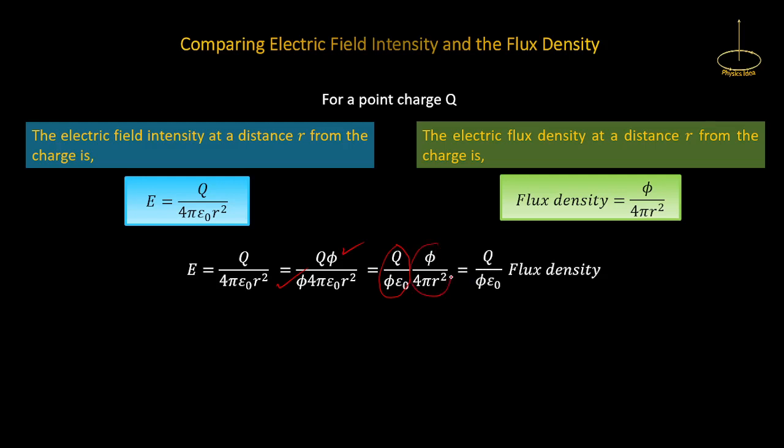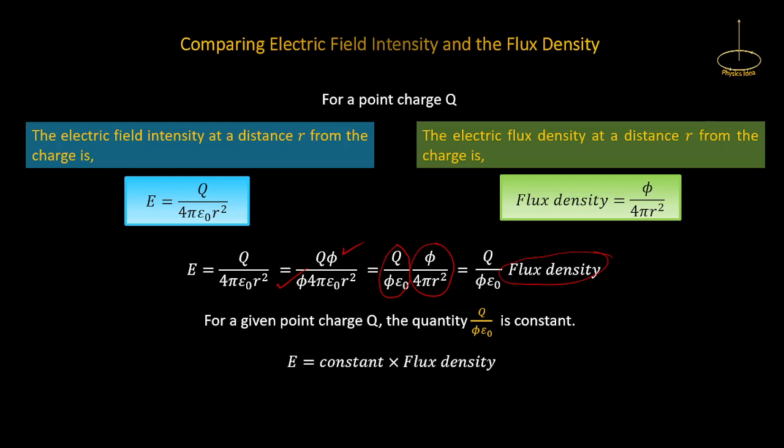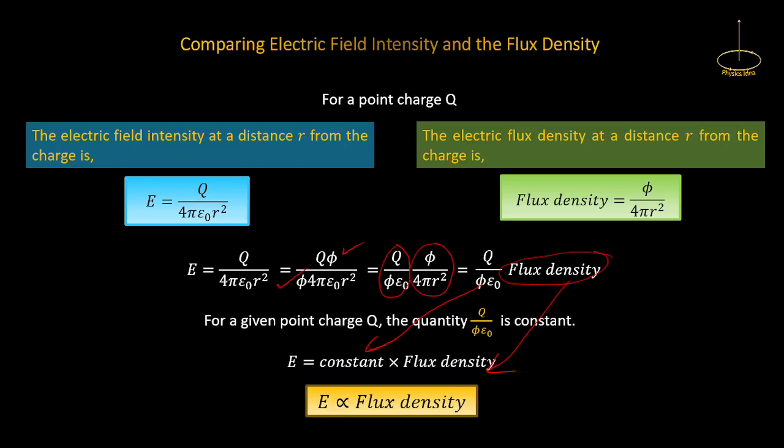Then this quantity represents flux density. For a given point charge q, the quantity q upon phi epsilon naught is constant, and therefore we can write electric field as constant times flux density. And thus we conclude that the electric field is directly proportional to flux density.